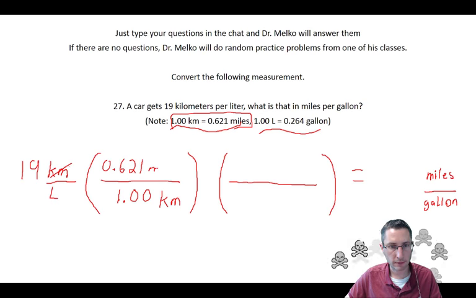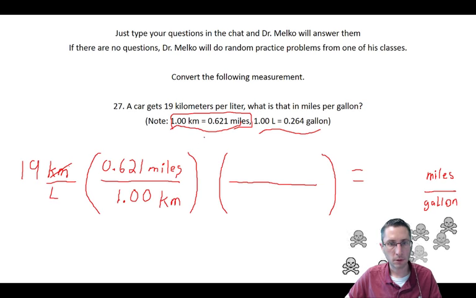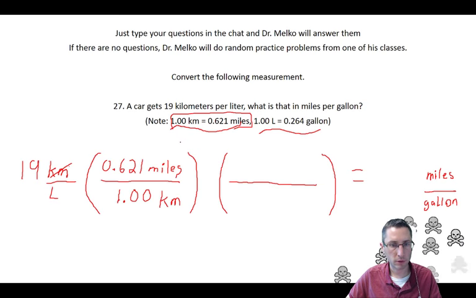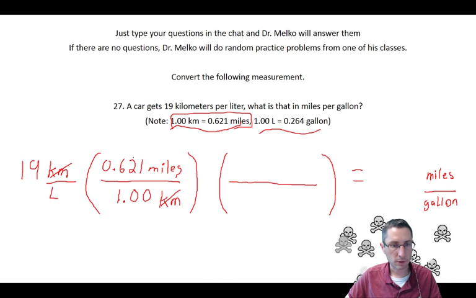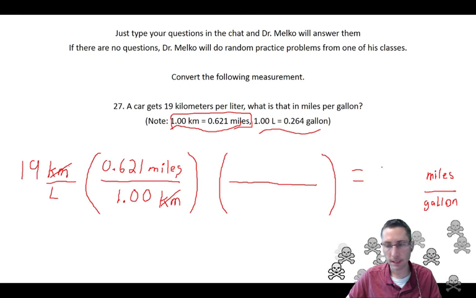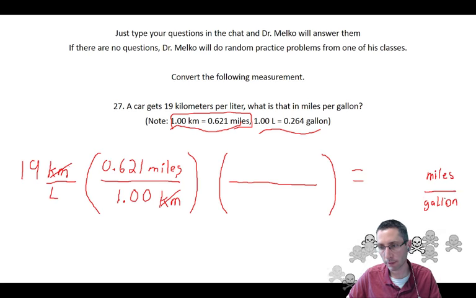I write the other half of that unit equation in the other half of this set of parentheses. Now I've used this first unit factor and gotten rid of kilometers. After this first set of parentheses, I'll be left with miles divided by liters. That's not the final answer I want. I want miles per gallon.